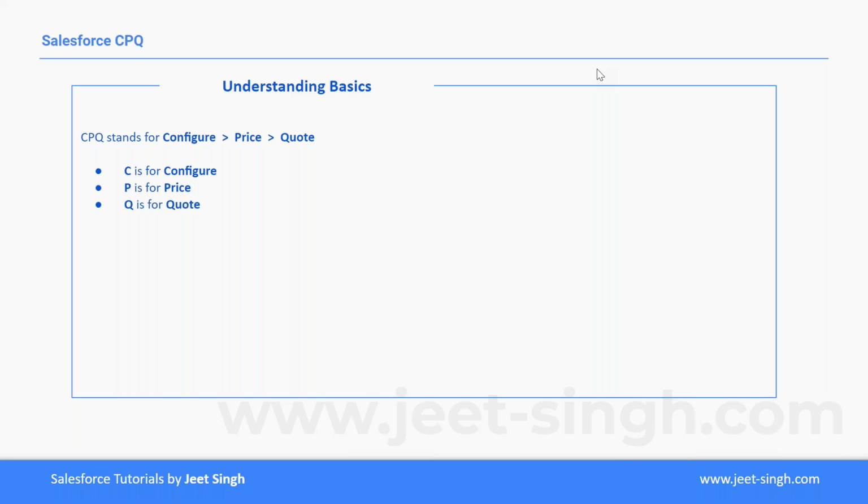It has several predefined functionalities which will help you control all these things in a smoother way as compared to what you would do if you don't have a CPQ kind of an application. CPQ will let you do things step by step, in a sequenced manner. So that's how CPQ actually helps.